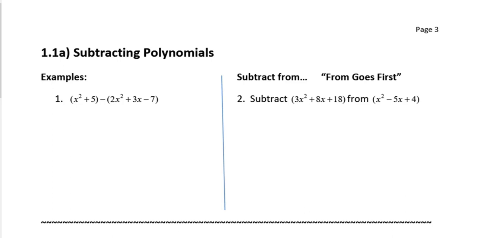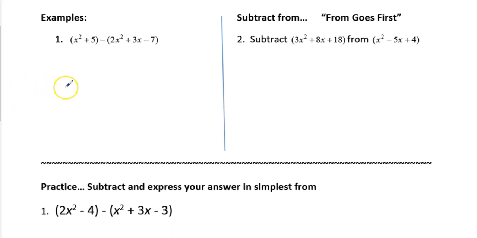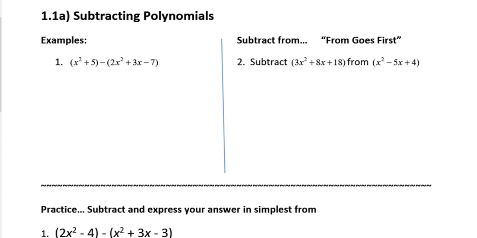Finally, let's talk about subtracting. Subtracting is not too bad if you know how to combine like terms. You just have to be really careful about the order, okay, and concentrate on your opposite signs. So my suggestion for making this easy is to distribute this negative sign. Let's call it, like, tuck a little -1 right in here, and let's distribute that -1 to all the terms in what's being subtracted, okay?